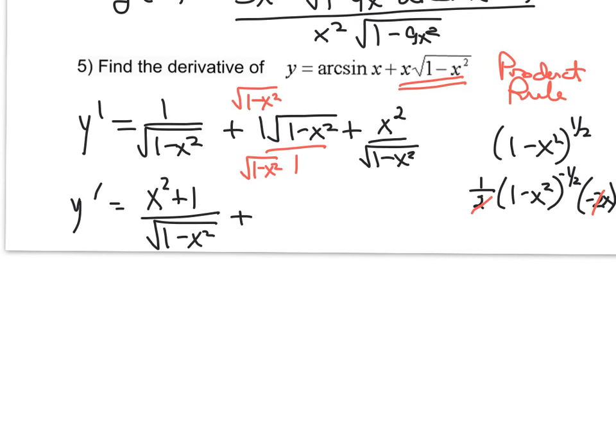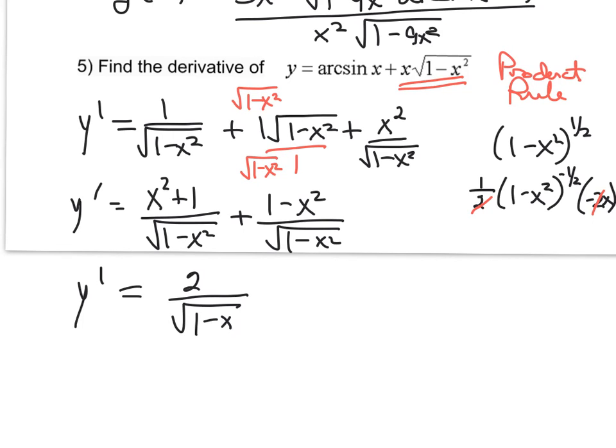We're going to say square root of 1 minus x squared times square root of 1 minus x squared. That's 1 minus x squared over the square root of 1 minus x squared. And an example of this might be like on the AP exam, a multiple choice where I've got to match answers. Adding together my numerators, I'm getting a 2 over the square root of 1 minus x squared.